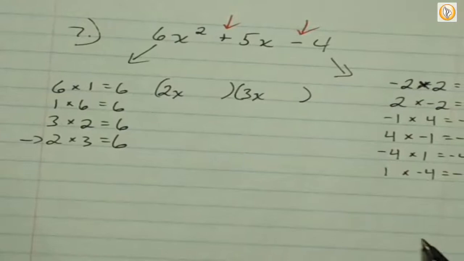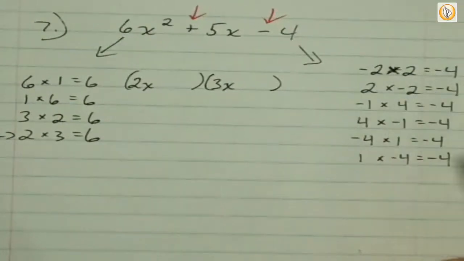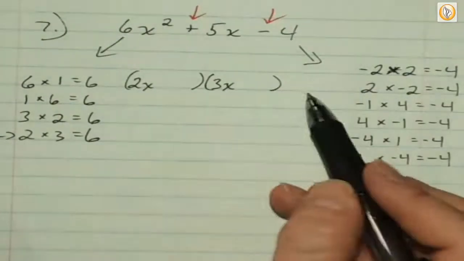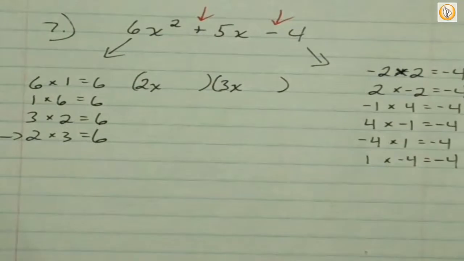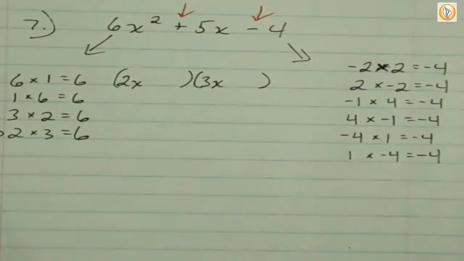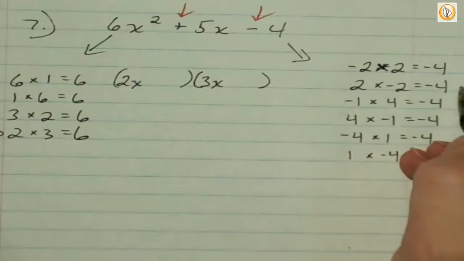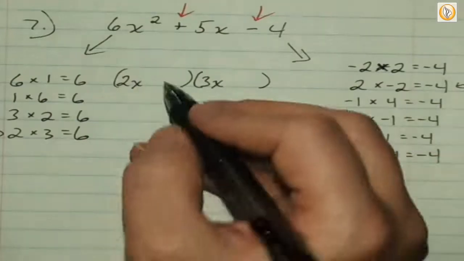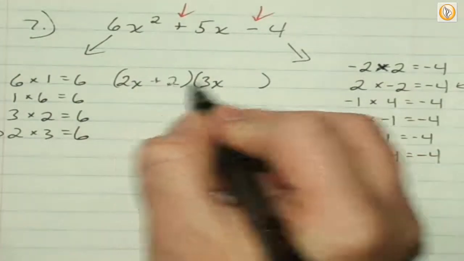Okay, so now we have to choose a combination over here that might work with that. Anyone want to guess? Whit? 2 times negative 2. Okay, so he's choosing this one, positive 2 times negative 2. Let's see if it works.